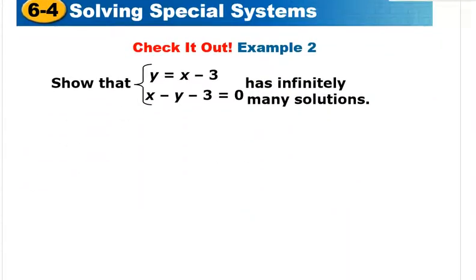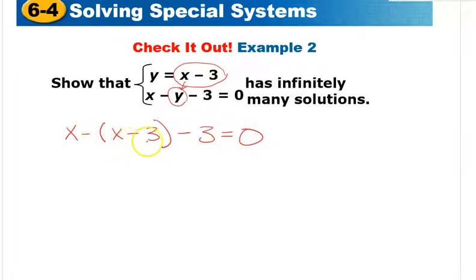Okay, let's show that this one has infinitely many solutions. I see that y equals this stuff, so I'm going to take this and plug it in for y right here. So x minus, okay, starting my y, x minus 3, and then minus 3. Okay, now this is a slightly tricky part. The reason why I put this in parentheses is because I have to distribute this -1 in.